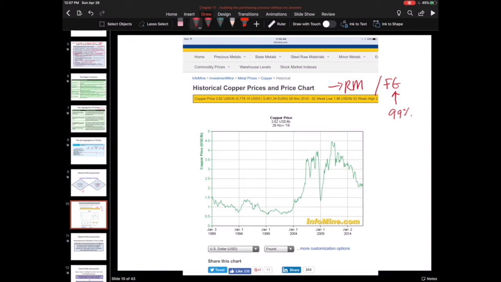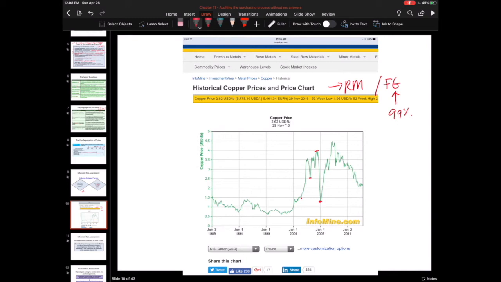So what happened when I was on the audit was, if you look here in January of 2009, you see this huge dip in copper prices where they had been, I guess you could say, relatively steady, somewhere between $2.50 and $4 a pound in the last 5 years.